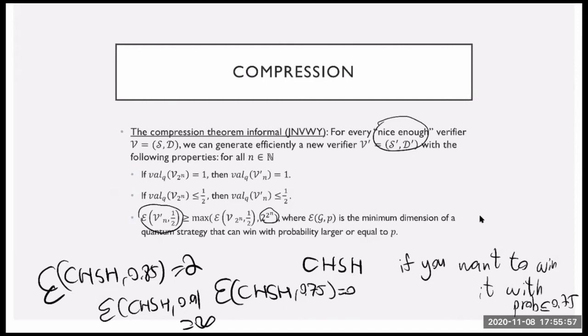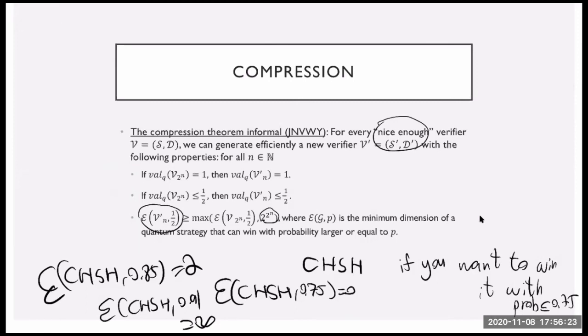But for the matter of implying RE is in MIP star, this would be enough. Yeah, but the fact that you stay nice enough goes away if you only say n plus 1 or something like that. But if you don't care about being nice enough after compression, I think it's okay, and you can deduce the RE.